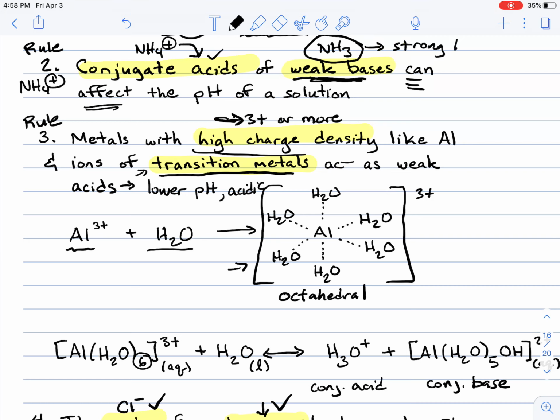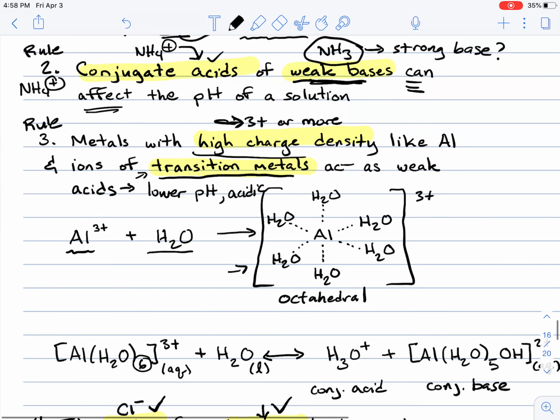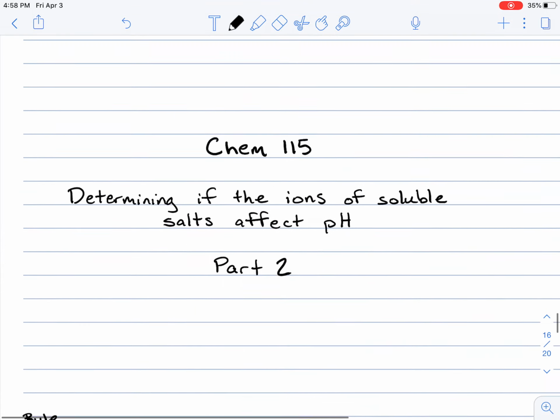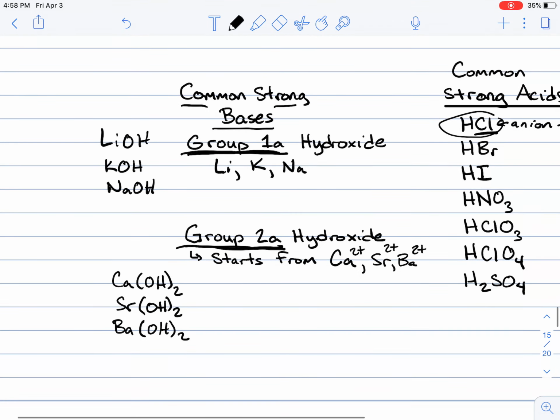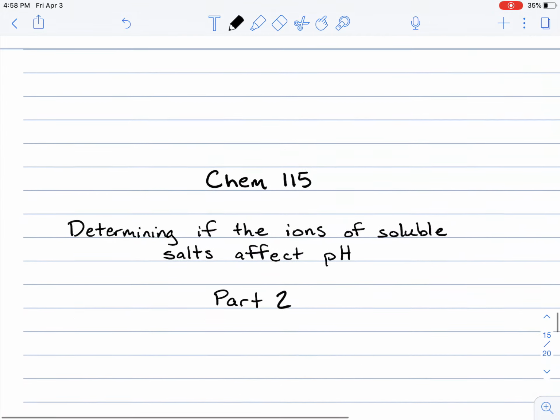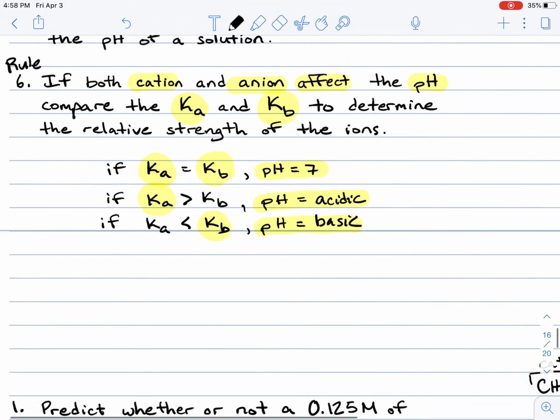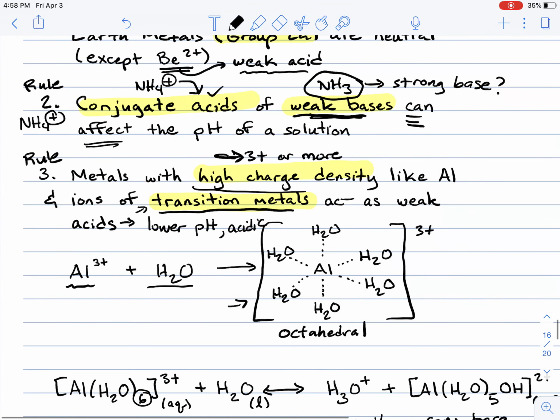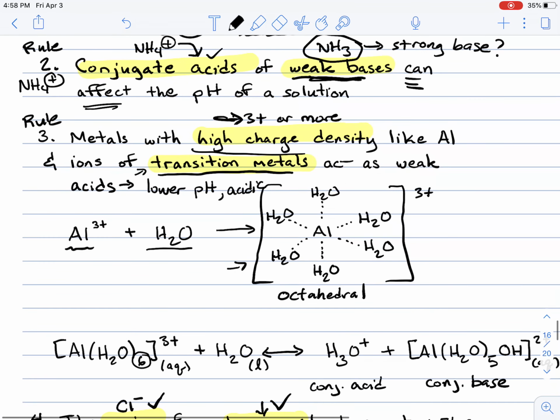Okay? Because that's a list that you guys can memorize very quickly. And so if I scroll up even more, you'll see that for common strong bases, NH3 is not found in that list. And so therefore, it does confirm that NH3 is a weak base.